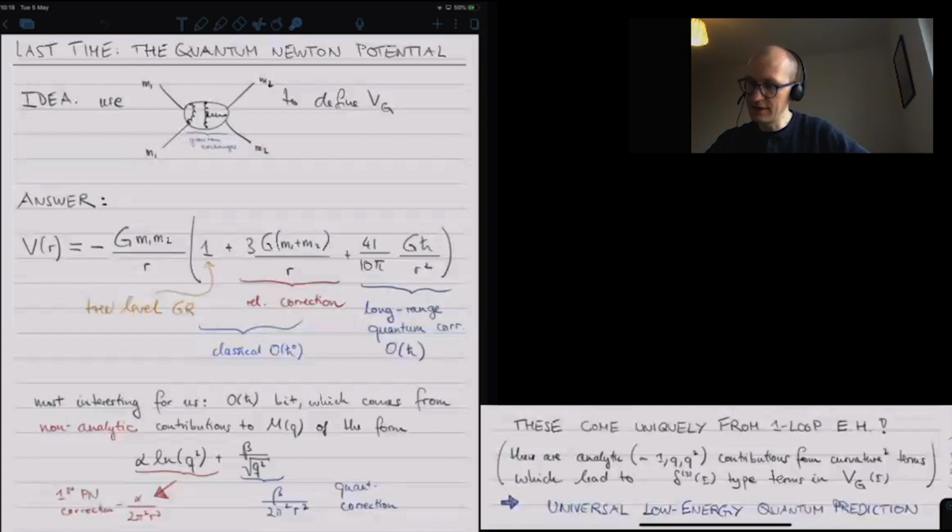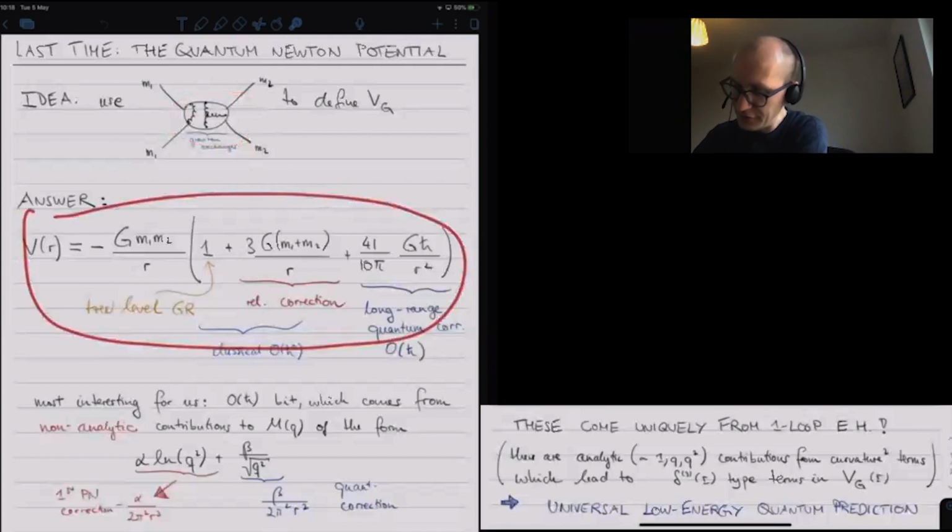And the result that we get: we interpret these types of amplitudes as being more or less the Fourier transform of the potential, as we said last time. So from this amplitude in momentum space, you can deduce a potential in X space. That potential takes the form that I've written down here.